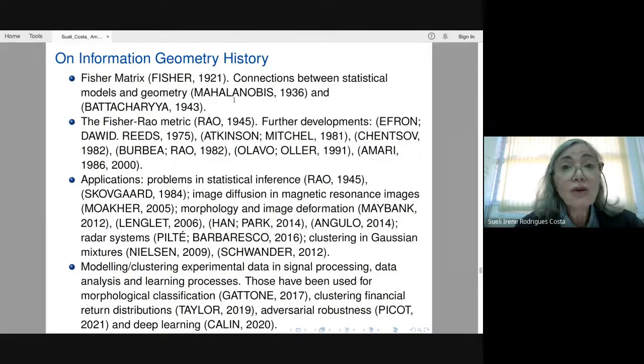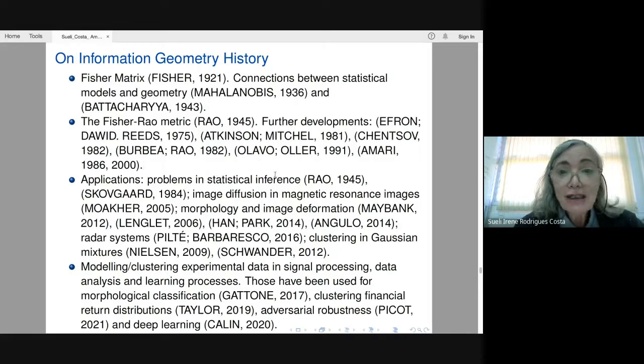I'm quoting Malanoves and Bhattacharya, and the most cited approach to what we call today information geometry is the approach by Rao in 1945. Then we have some further developments. Besides Rao, an important person to mention is Amari; both are alive and working, which is really impressive.